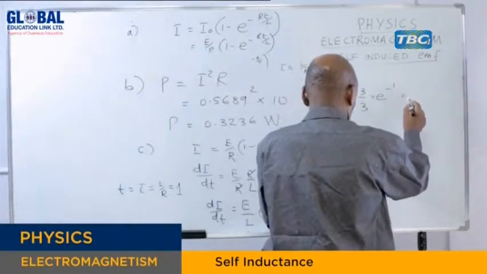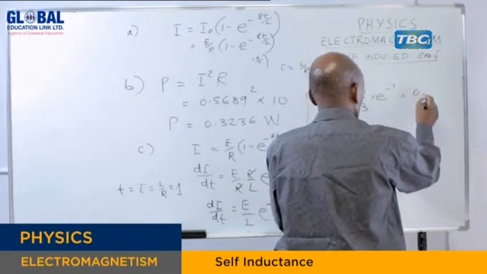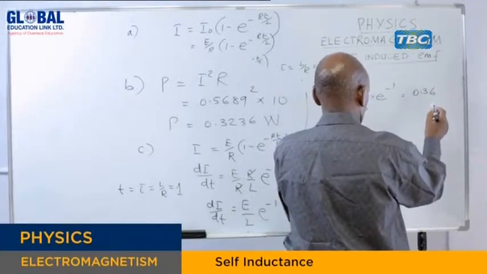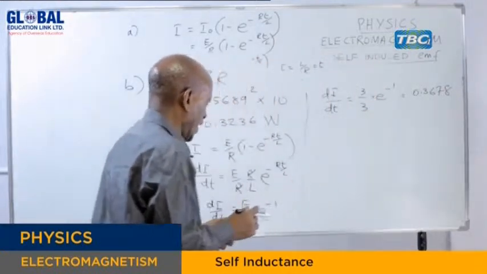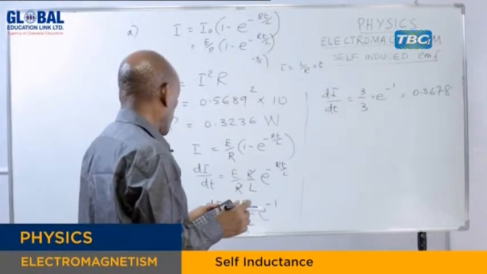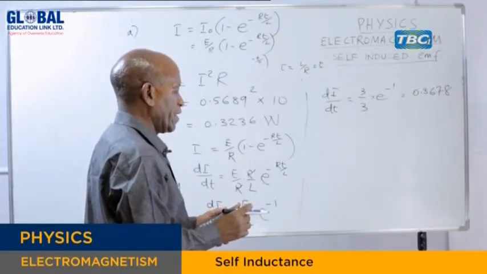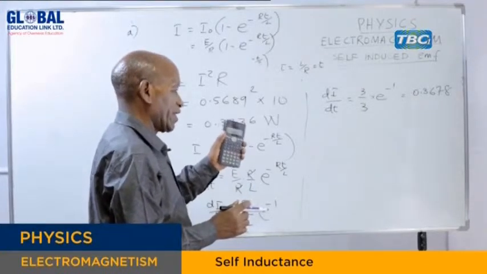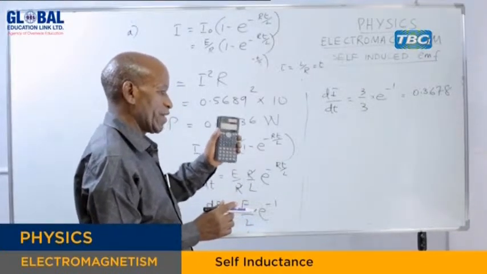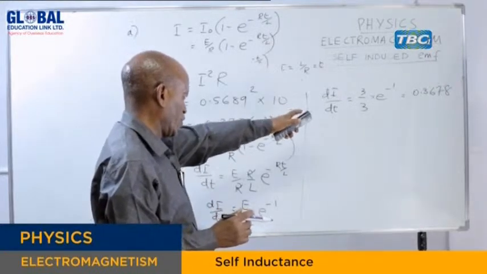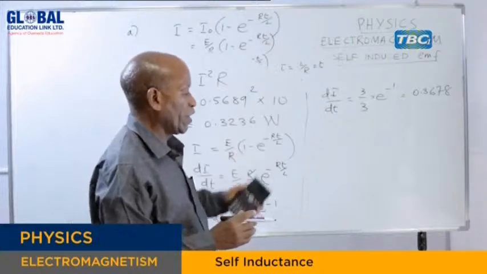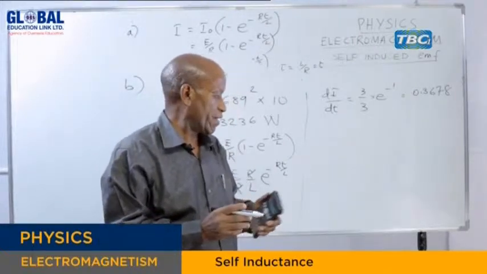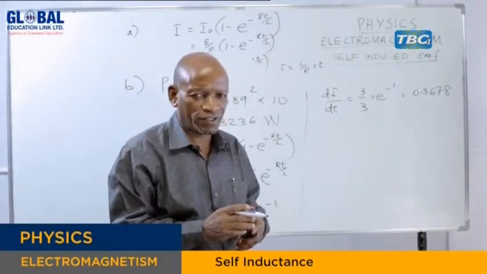So we are going to get 0.3678. This is di dt, the rate of change of the current, and this will help us to obtain our last question.